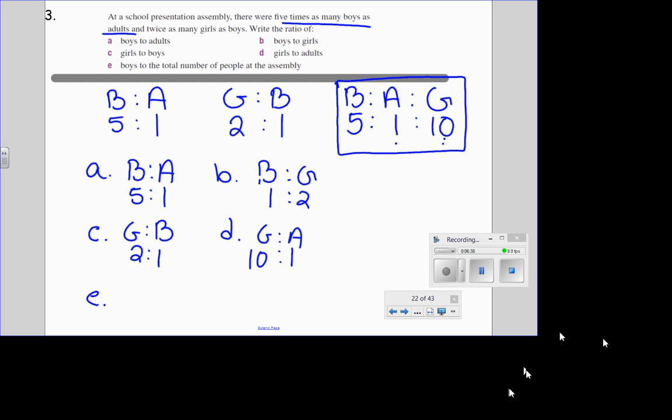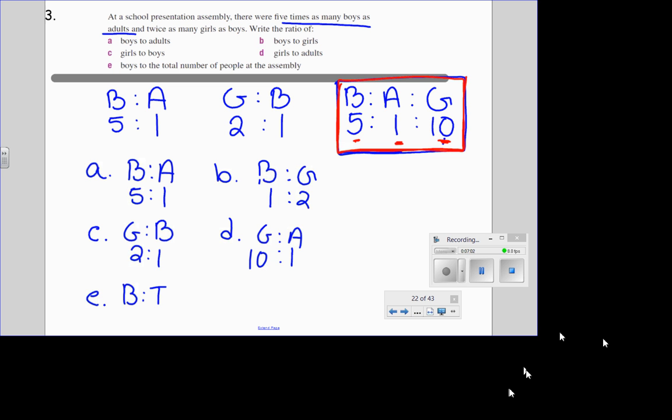And then last but not least, we're looking at boys to the total at the assembly. So I know that if I look over here, these are all the people that I have at the assembly. So let's look back at the B to the A to the G. If these are all the people who are at the assembly, then that means we really have 16 different people. We have 5 boys, 1 adult, 10 girls.